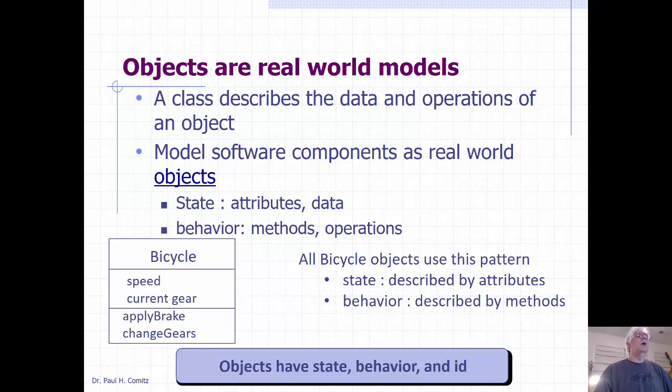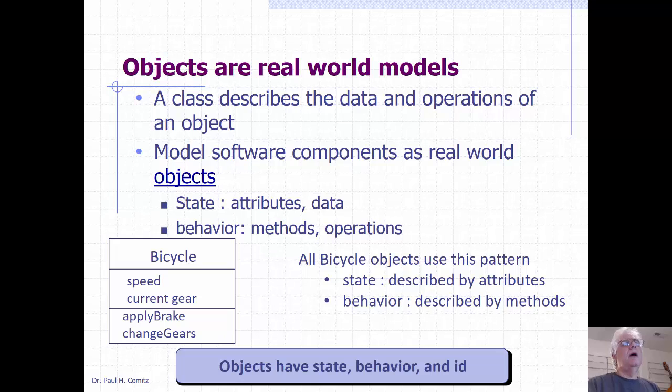So we model software components as real-world objects with state. What do objects have? Objects have state and behavior. The state is the attributes or the data associated with an object, and the behavior is the methods or the operations.